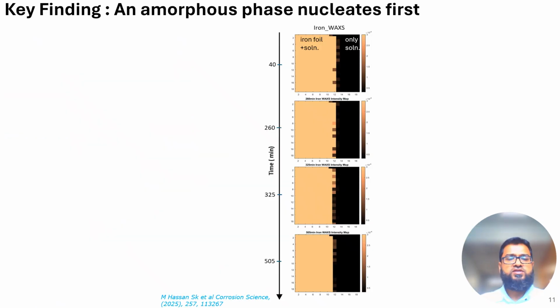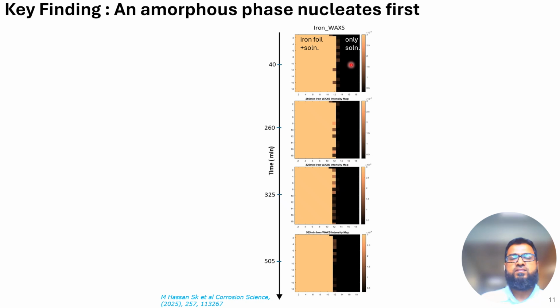Next slide. Here you see the WAXS pattern for the iron foil. Iron is crystalline, so it is going to give you a WAXS pattern. This is the iron foil. The dark region adjacent to that is the pure solution region, which is uniform. So in the beginning there was no SAXS or WAXS from here.